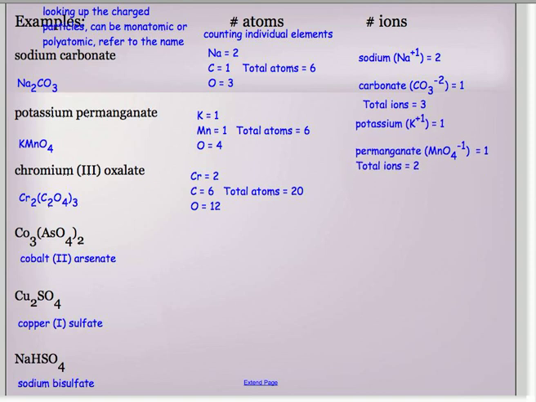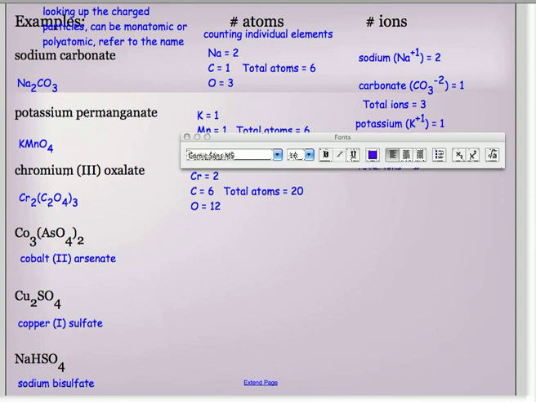And the last one we're going to do together is this guy right here. Our first ion is chromium 3, which is Cr plus 3. And again, you look at your Cr and you just look at your subscript. That's telling us there's 2.